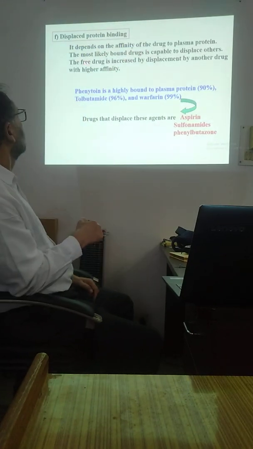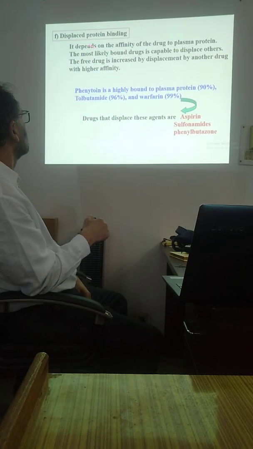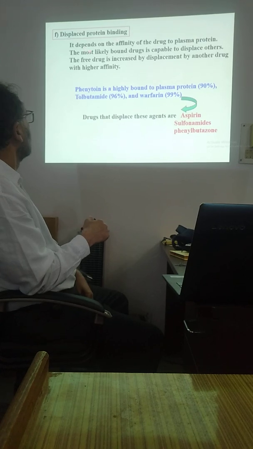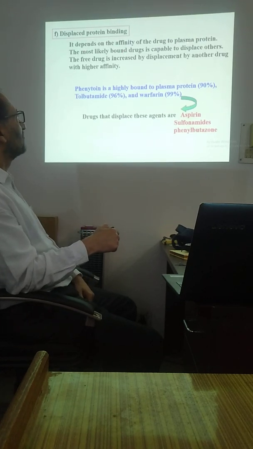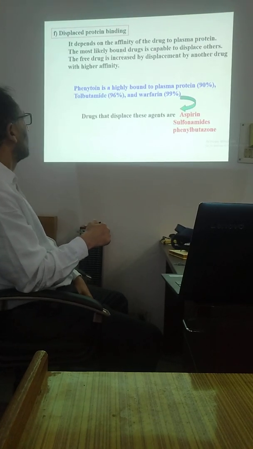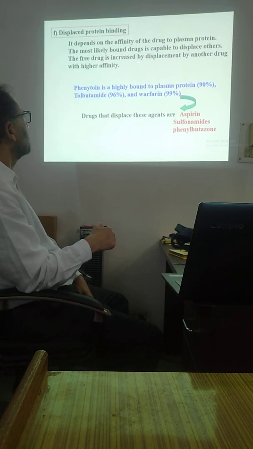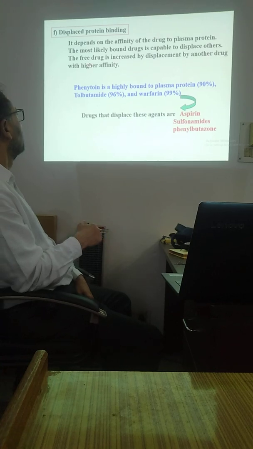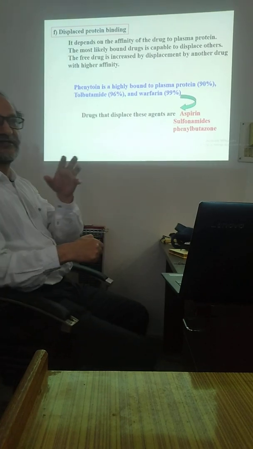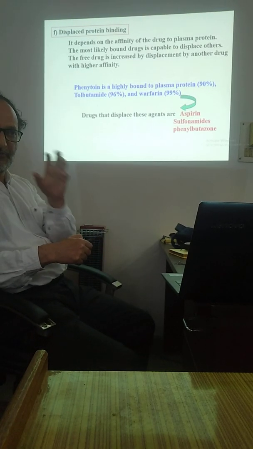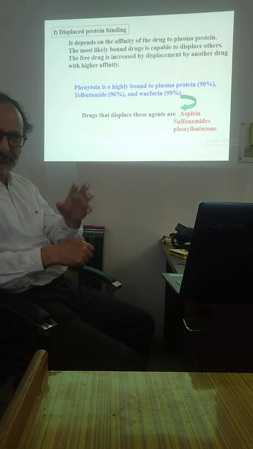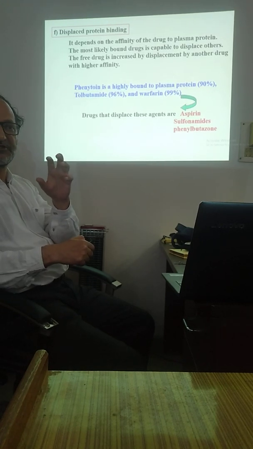Now then we have displacement at the distribution site, displaced protein binding. It depends on the affinity of the drug to plasma proteins. The most highly bound drug is capable of displacing others. The free drug is increased by displacement by another drug with high affinity. You know that there is albumin and there is alpha acid glycoprotein. Albumin is a binding protein, not a receptor.